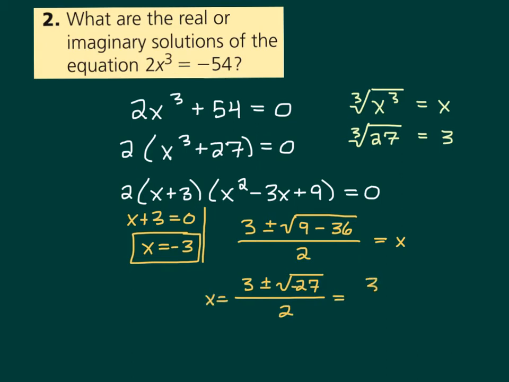So that's 3 plus or minus what? How does square root of negative 27 simplify? 3i root 3 all over 2. So if we want to write that in a plus bi form, that's just 3 halves plus or minus 3 root 3 over 2 i.